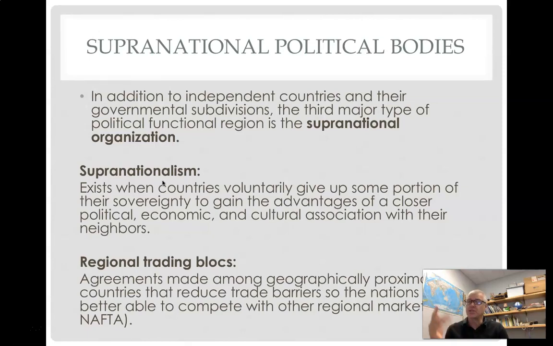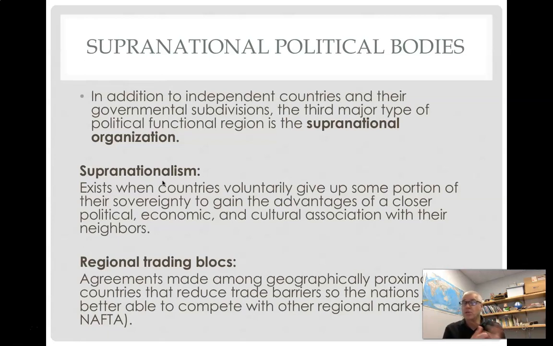The opposite of when a country splits apart is what's referred to as supranationalism. Supranationalism is when, not necessarily when a country comes together by combining countries, but when countries get together and give up some of their sovereignty, some of their ability to make their own decisions, to get benefits of being in a larger group.